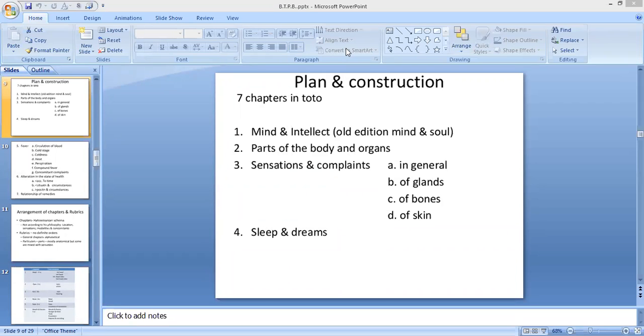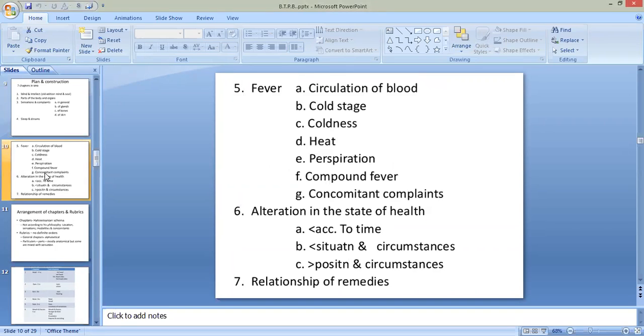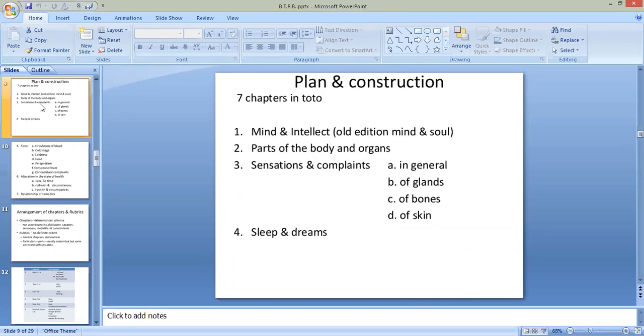Second chapter is parts of body and organ. Third chapter is sensation and complaints. Fourth chapter is sleep and dreams. Fifth chapter is fever. Then sixth chapter is alteration in the state of health. And the seventh chapter is relationship of remedy.